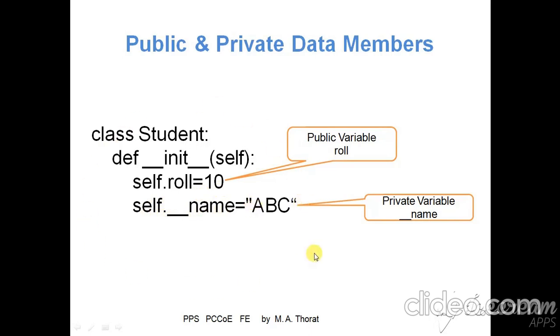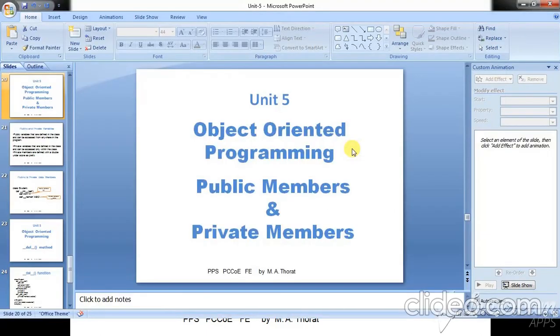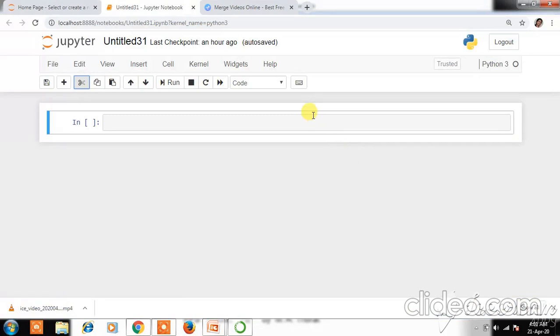Here roll is written directly, so it is a public variable of a class, and name is written with two underscores as a prefix, so it is a private member of a class. This is nothing but the declaration of private and public members. Now, how to use it in a class and how to access those values.